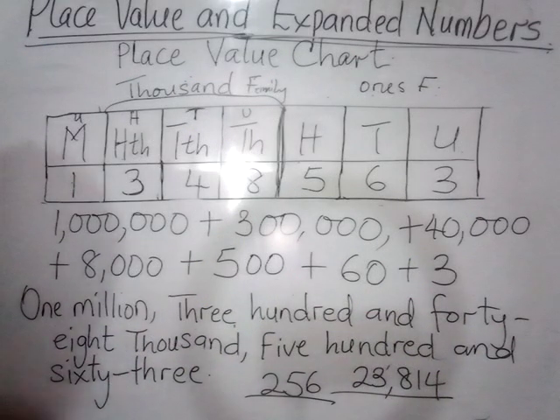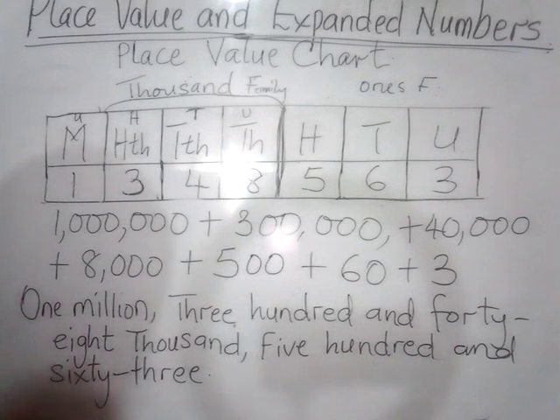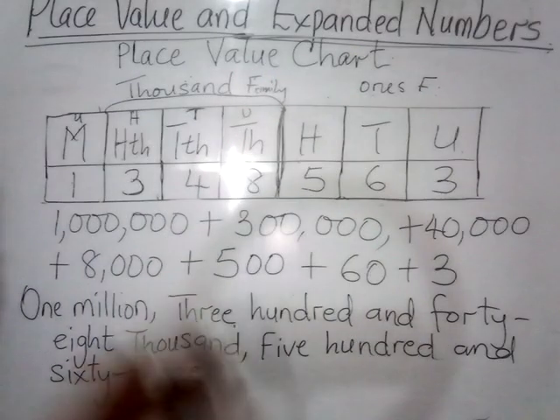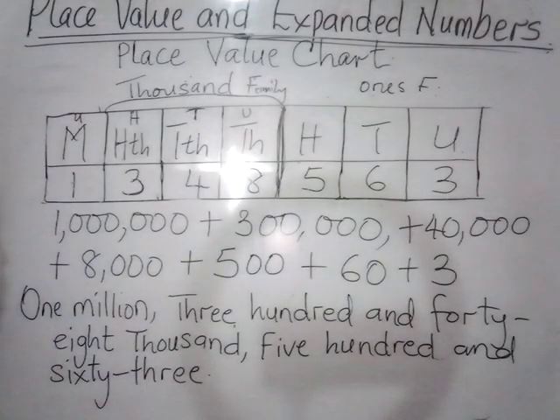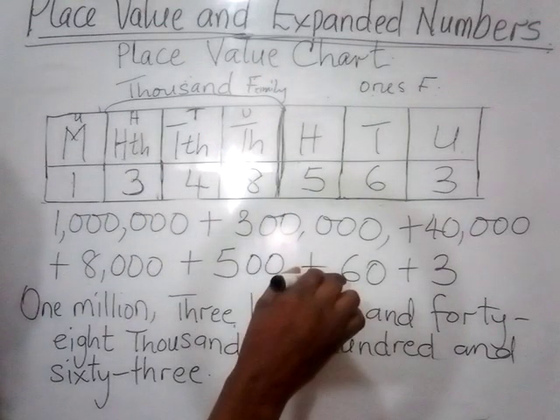Okay, so the next thing I'm going to show us quickly is how to change a number in expanded form to the standard form. We have seen how we can change a number in the standard form to the expanded form. We have explored that.